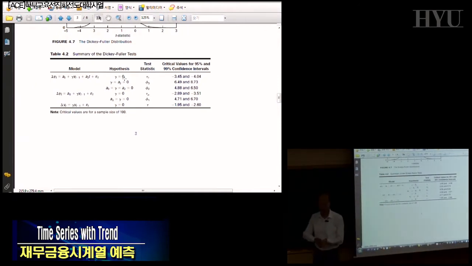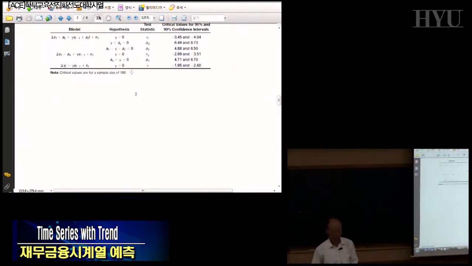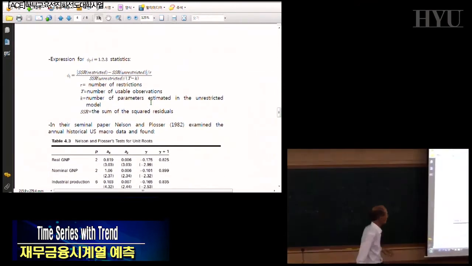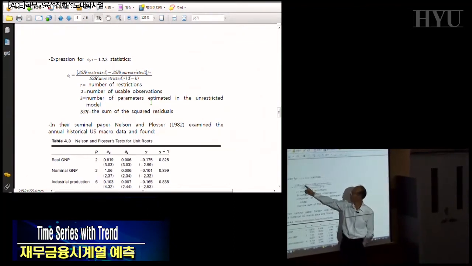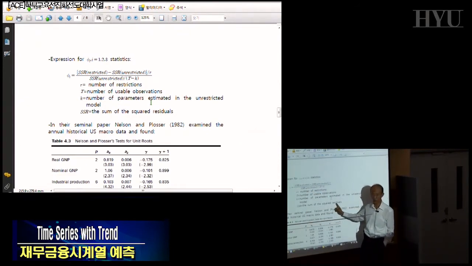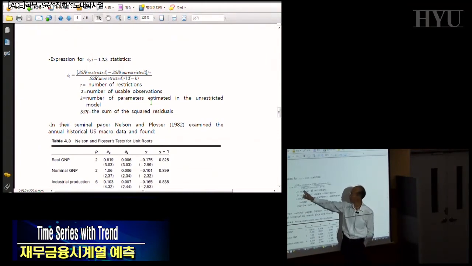So you run 2 sets of regression, then you can get fitted residuals from the restricted model and the unrestricted model. And this one, SSR, stands for sum of squared residuals. So compute epsilon t hat, square it and add them all. That's the sum of squared residuals, from the restricted model and the unrestricted model.